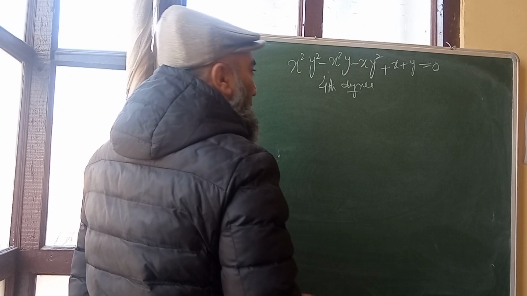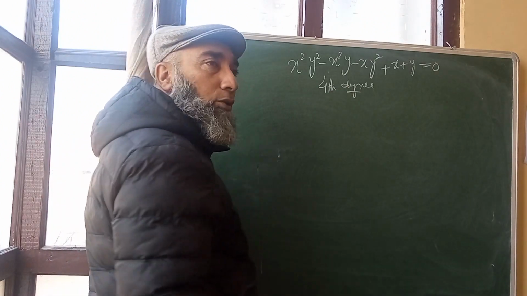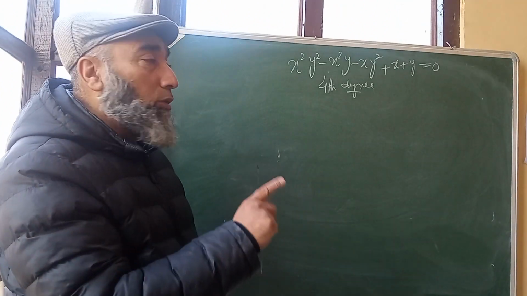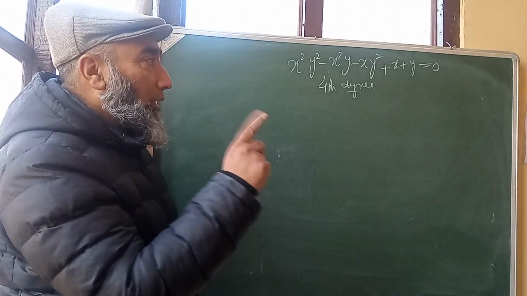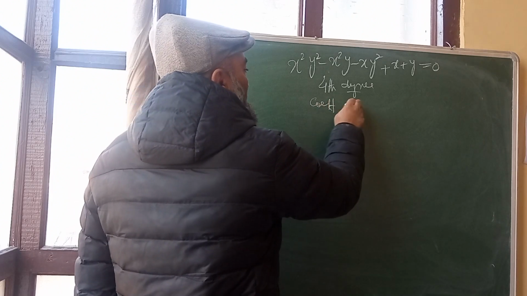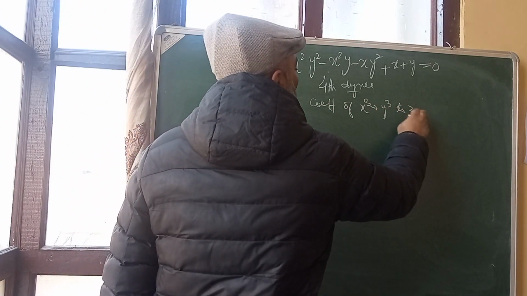This is a fourth degree equation in x and y, and x^4 and y^4 are not present. There will be asymptotes parallel to either axis, which are obtained by equating the coefficients of the next higher power, x cube and y cube, to 0.